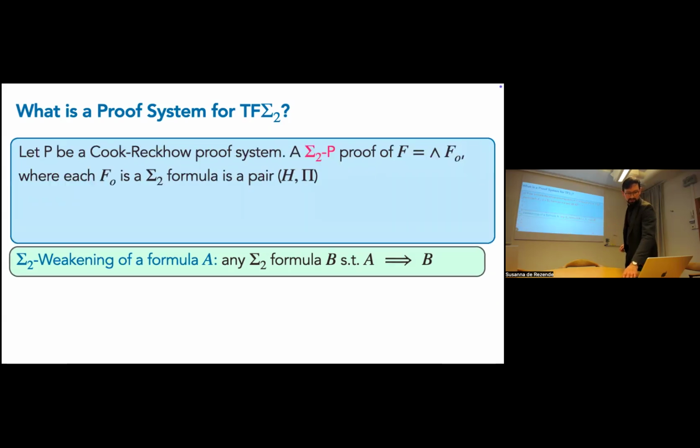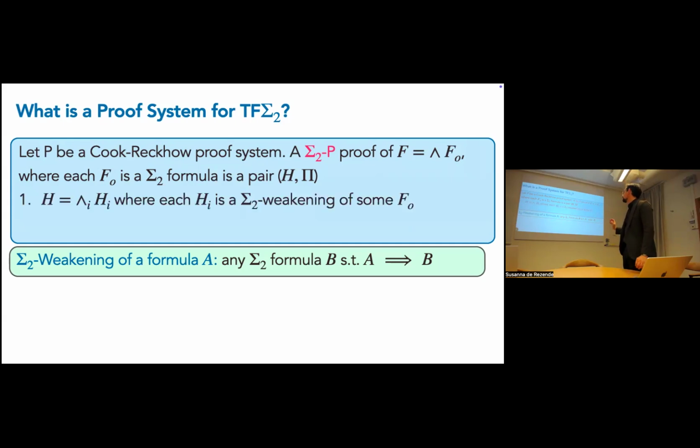Okay, so that leads us to our definition of a Sigma 2 proof system, which is just, so we're proving now Sigma 1.5 formulas or Sigma 2 formulas. So this is ORs of ANDs of ORs. And a proof system for this setting is a standard Cook-Reckhow proof system, plus you're allowed to do this weakening rule at the start.